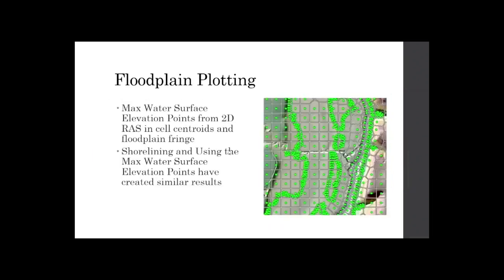And then another option is this floodplain plotting, using the max water surface elevation points from the 2D RAS cells as centroids, and really densifying the points so that you get that accurate BFE along the edge and it carries on throughout the floodplain. And so both seem to work and create similar results. So this is an area where we decided we didn't need to have a standard and force one way of doing it, but we could use both options.